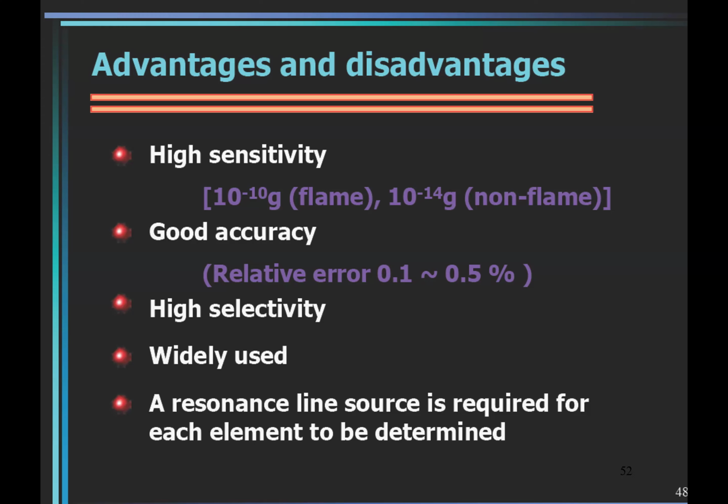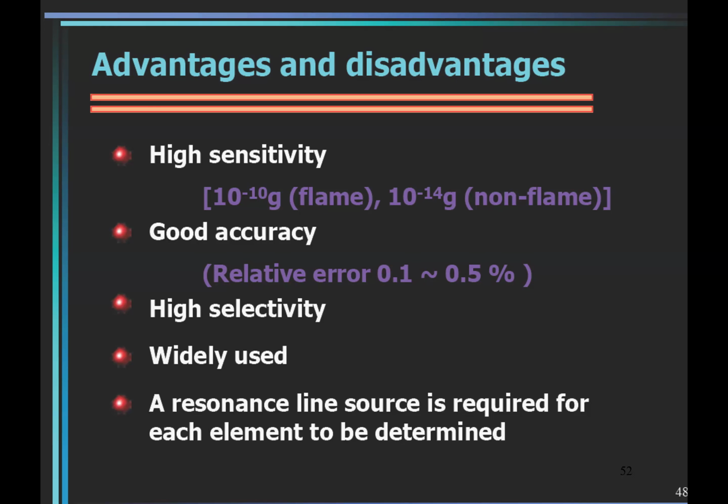And then it has very good accuracy. Each one of us is going to do an AA experiment, and I'm going to see the R squared value on how you make your dilutions. Usually it's very high accuracy, usually a relative error of 0.1 to about 0.5. You don't get many methods that are reproducible. In other words, when you do the AA experiment, if you have done very good pipetting technique, you're going to get 0.999, sometimes in the third digit, the fourth.